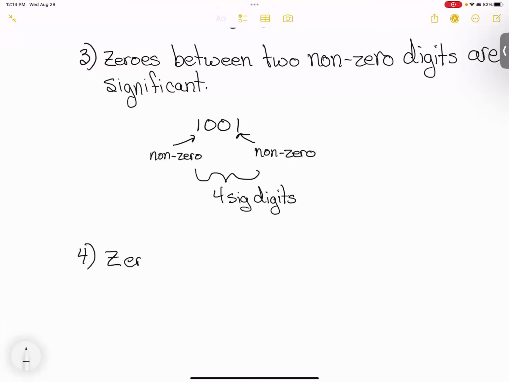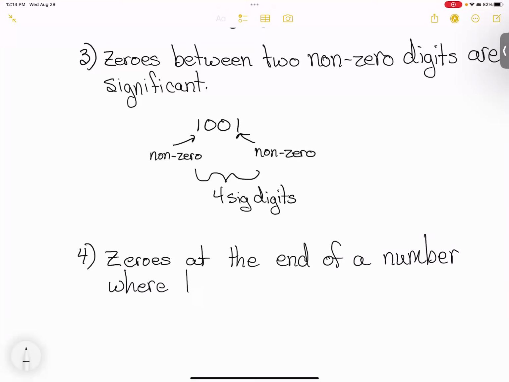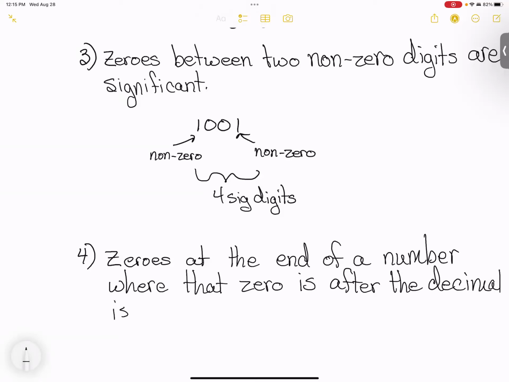Zeros at the end of a number where that zero is after the decimal is significant.